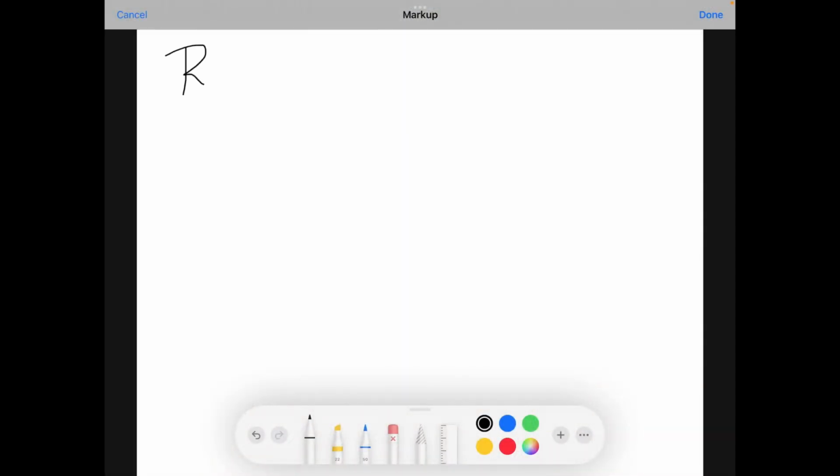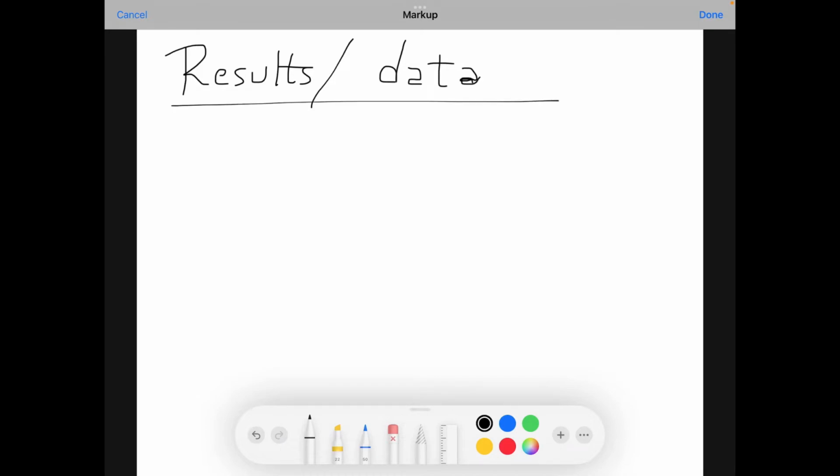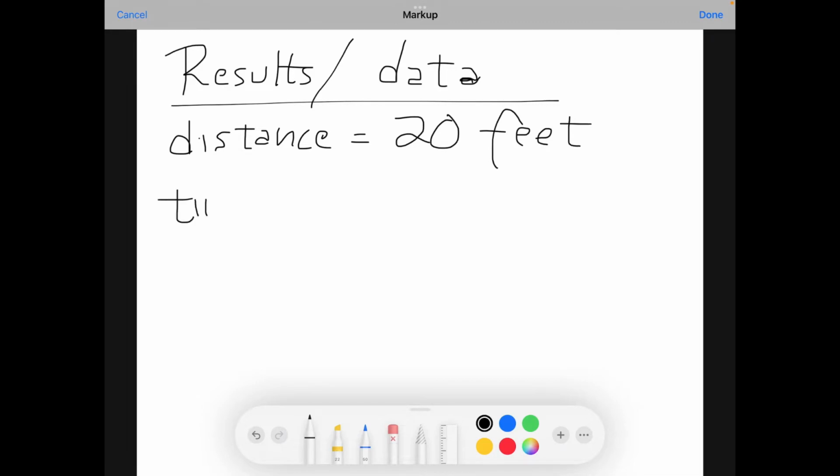Now that we have our results or data, let's record them, graph them, and calculate our velocities. So, our distance was 20 feet, and our time, number 1, was 2.41 seconds.